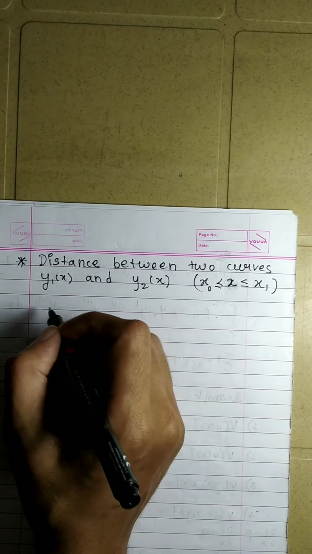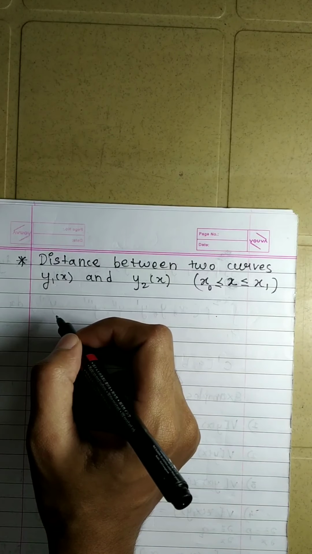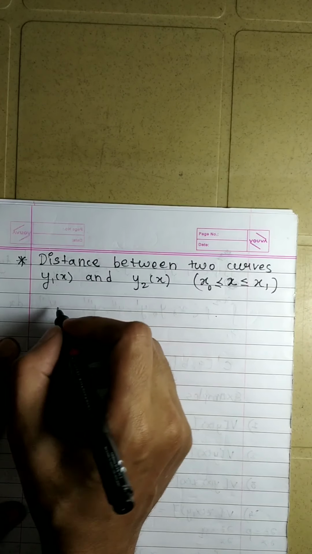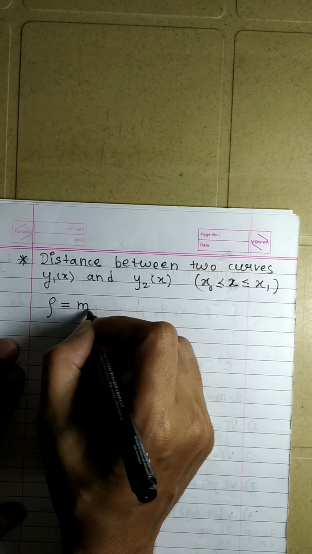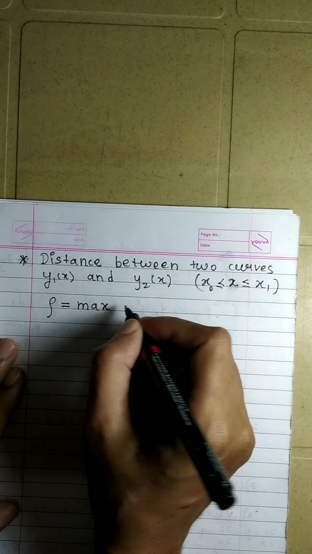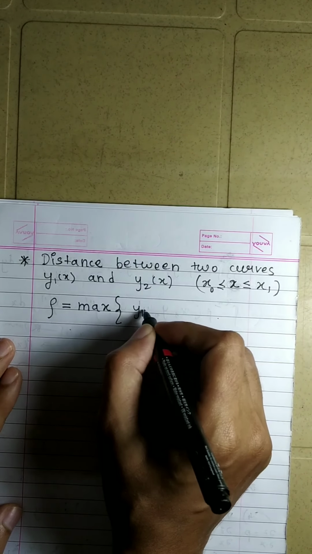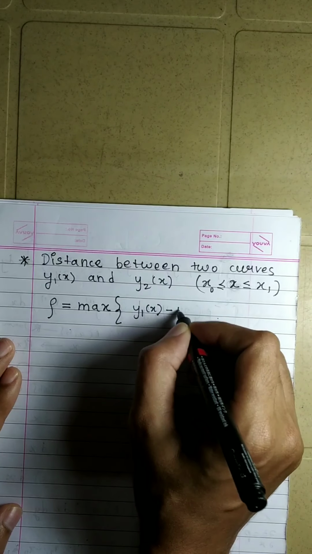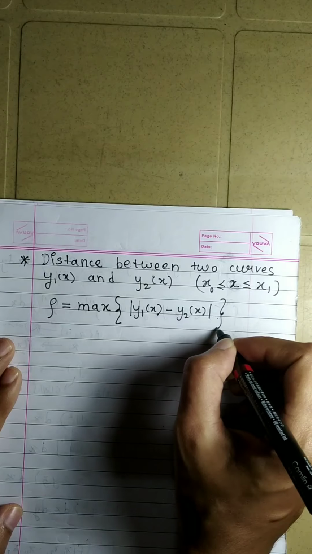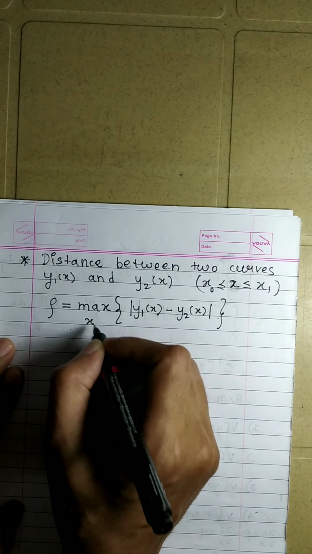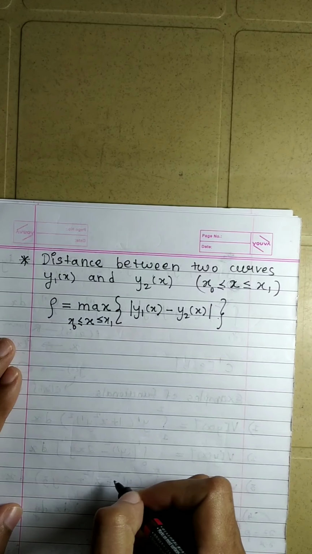This distance is a positive number, and that positive number is defined as rho, equal to the maximum of |y1 of x minus y2 of x|, where x is lying between x0 and x1.